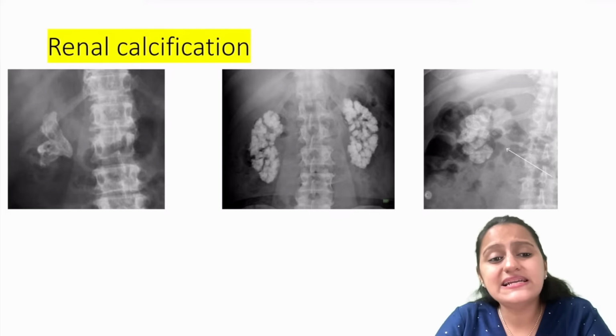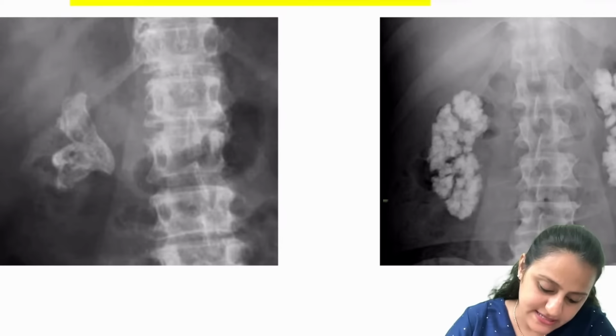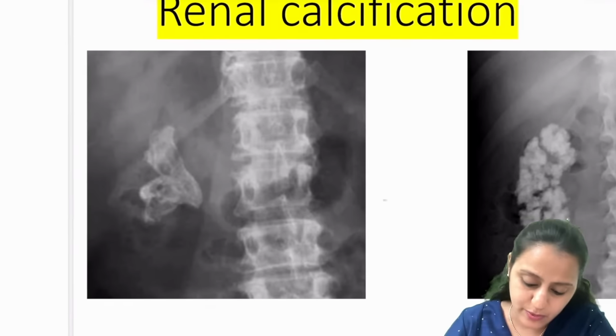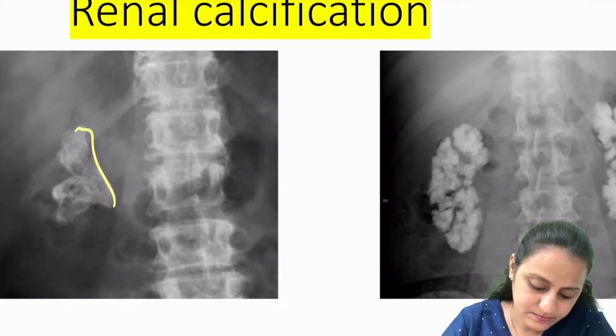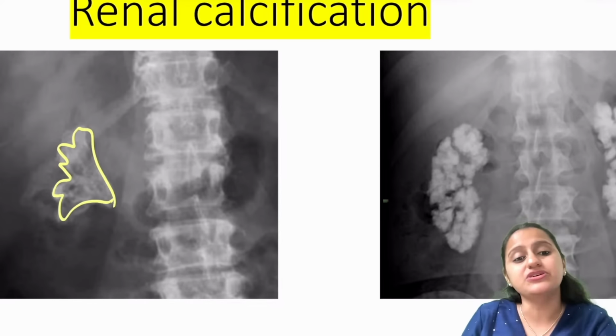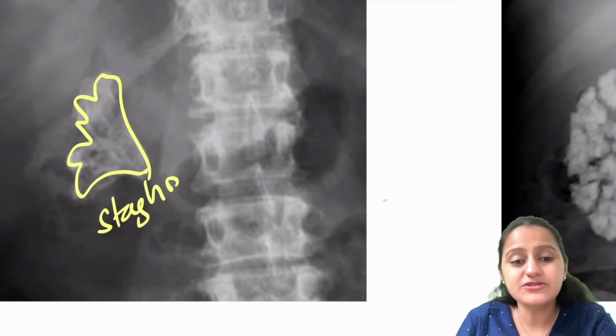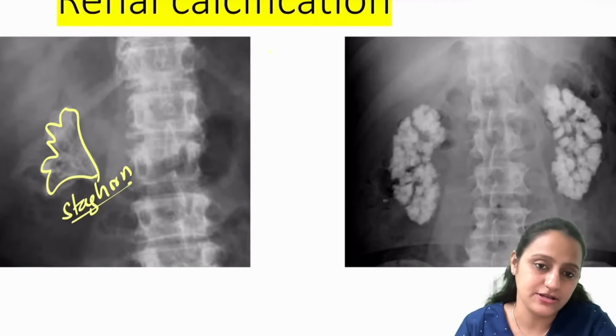Coming to the renal calcification, you can see this calcification is taking the shape of the pelvis and the calyces. What is this called as? This calcification is called staghorn appearance. Okay, so this is staghorn calculus.